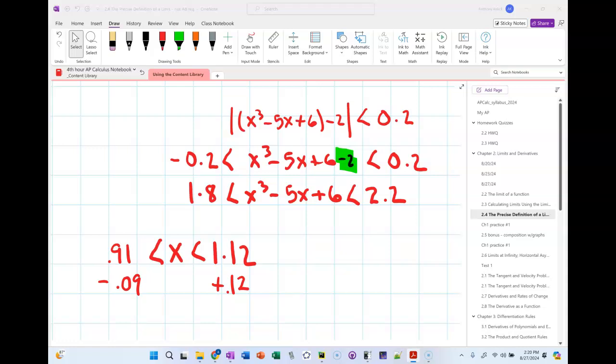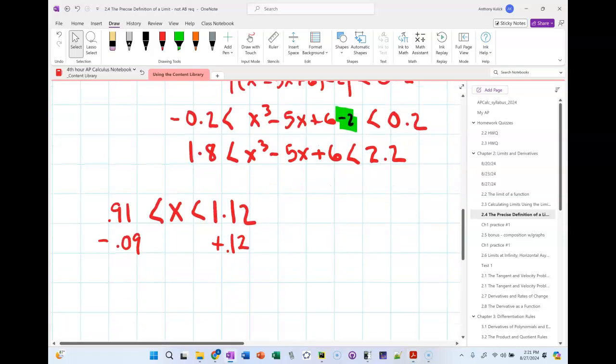It's not symmetric, right? The x is a little bit closer to one end than the other. So the question becomes, do I want the interval to be bigger or smaller? Right? Should my delta be this one or should it be this one? I want the smaller. Yes.